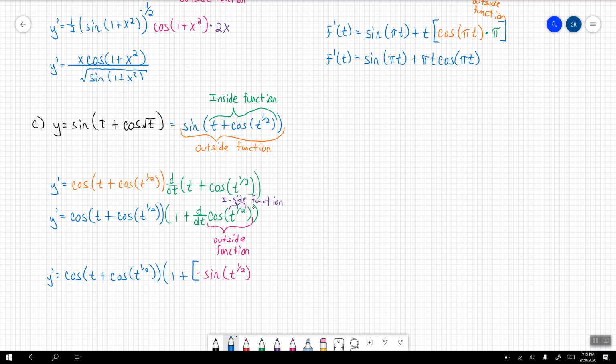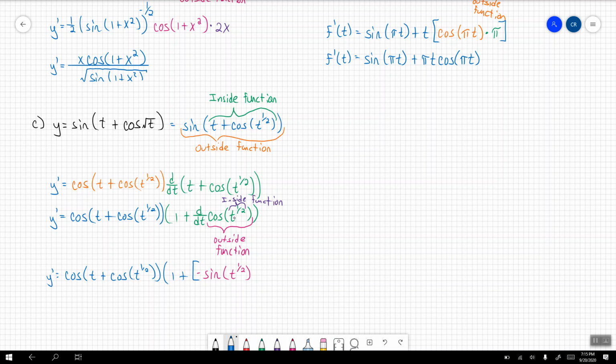Now we need the derivative of the inside function. The derivative of t to the power of 1/2, we actually did in section 2.3, where we were looking at the differentiation formulas.